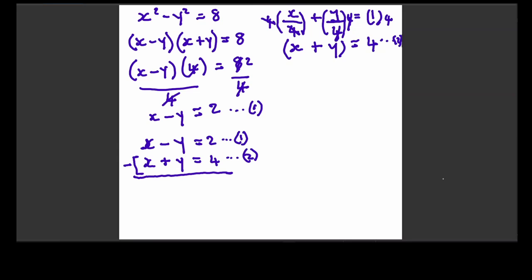X minus x, that is 0, minus y minus plus y, which is minus y minus y, that is minus 2y, is equal to 2 minus 4 is minus 2. So we divide both sides by negative 2, and y is equal to 1, since minus 2 cancels out with minus 2.